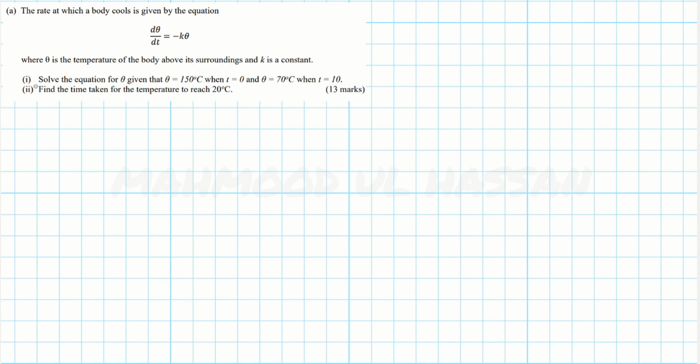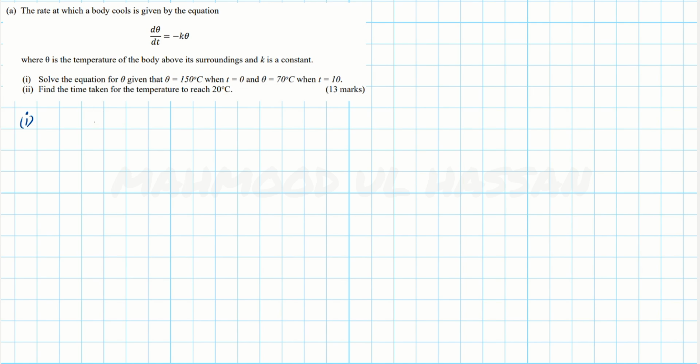In the first part, we have to solve the equation for theta, given that theta equals 150 degrees Celsius when time t equals 0 and theta equals 70 degrees Celsius when t equals 10. In the second part of the question, we will find the time taken for the temperature to reach 20 degrees Celsius. Okay, so now first we are going to solve the first part of this equation.